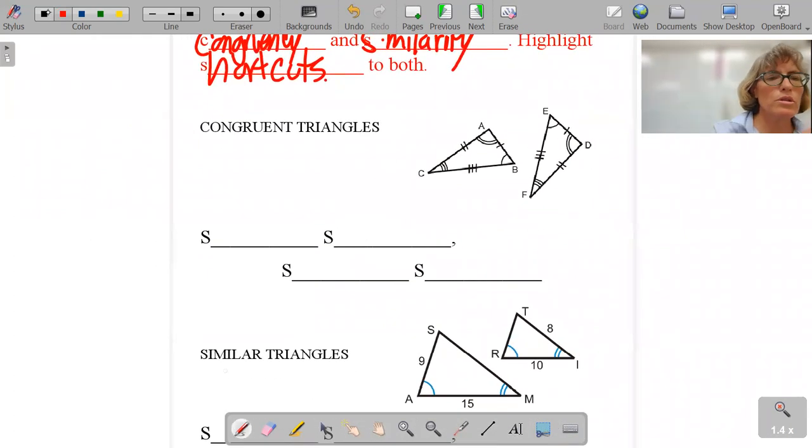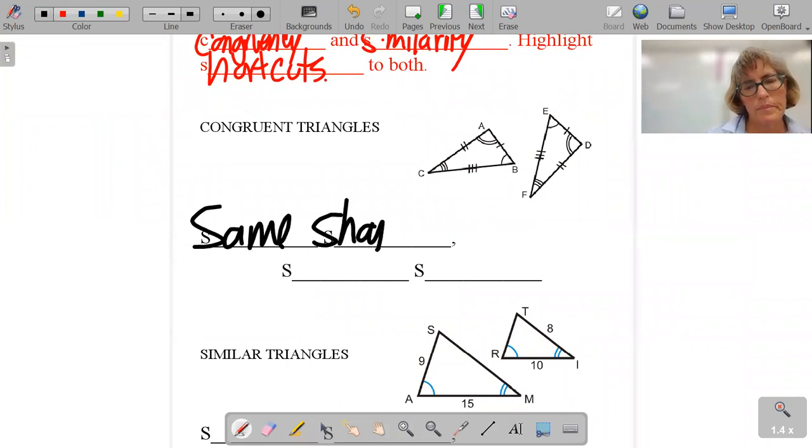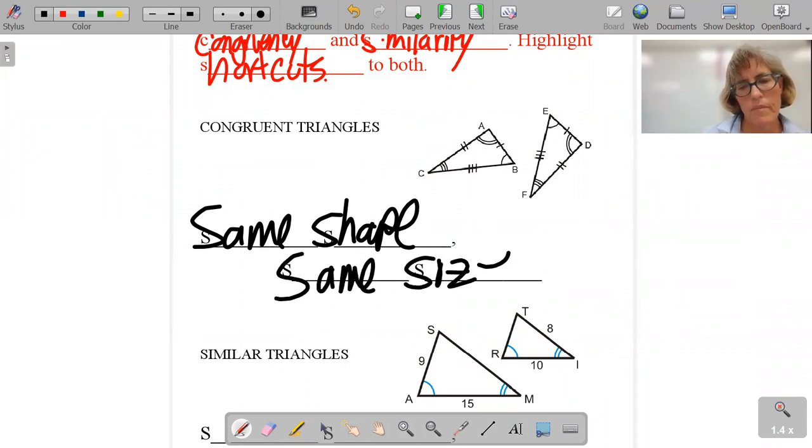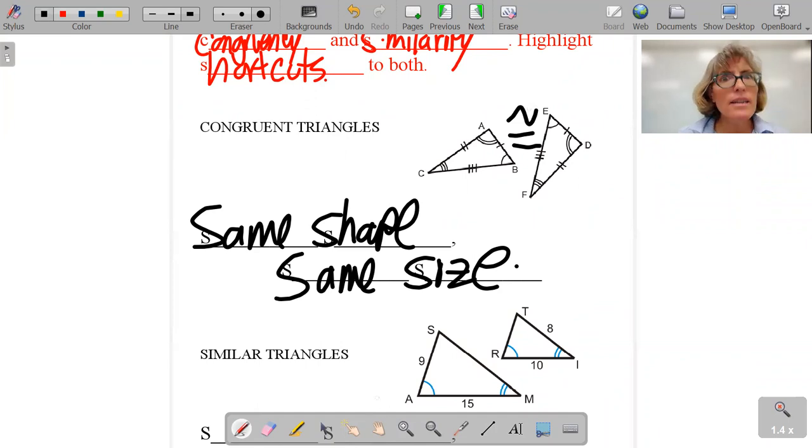Congruent triangles have the same shape and the same size. Congruent triangles are same shape and same size. That's congruency.